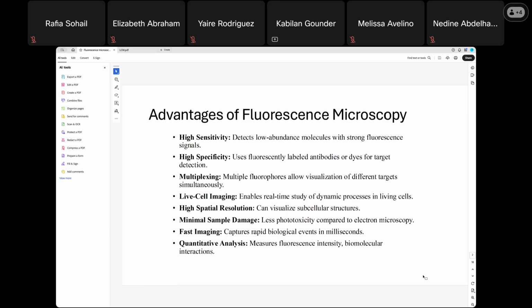In that case, with fluorescence microscopy we can easily detect the signals. Also the specificity, because here we target directly using the antibody, so whatever protein or other cell component you want, you can easily identify it.